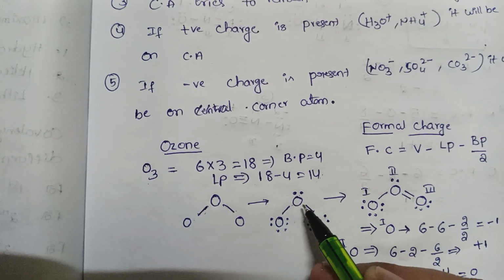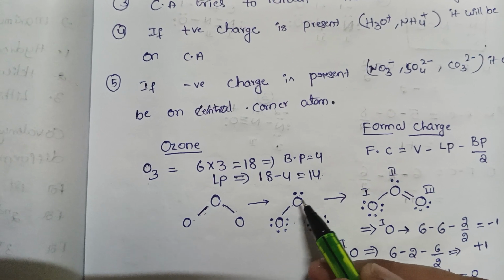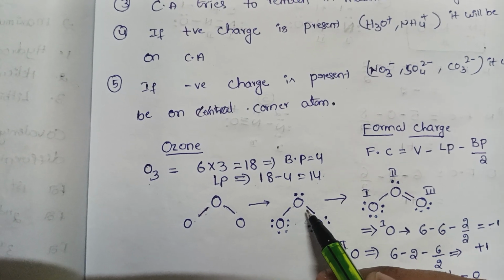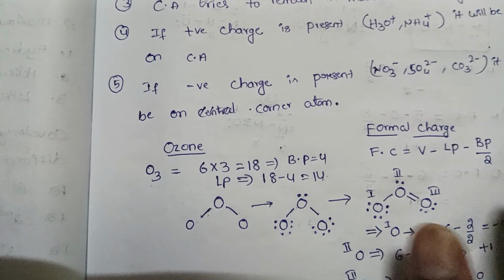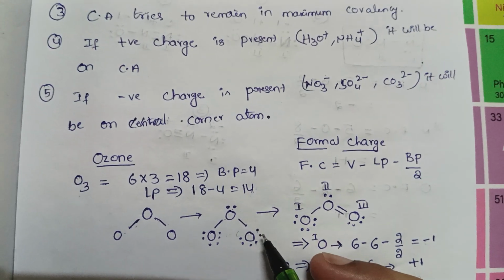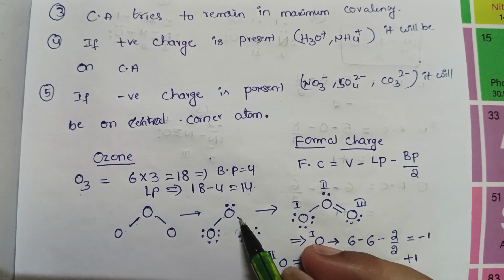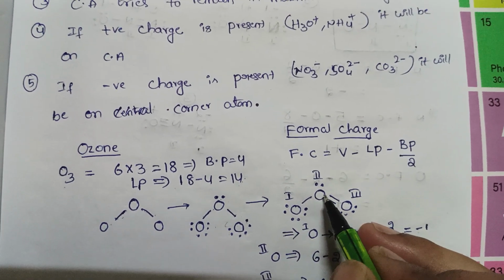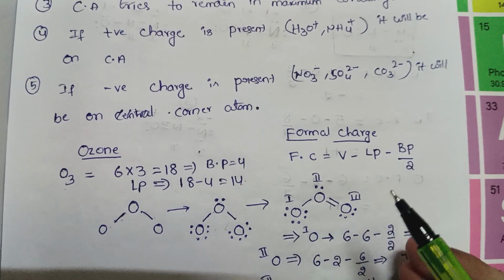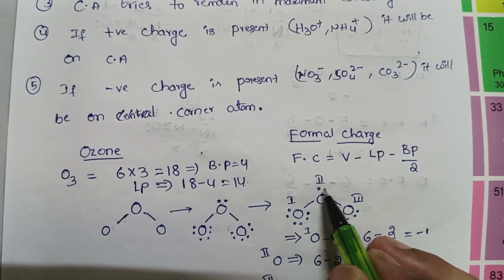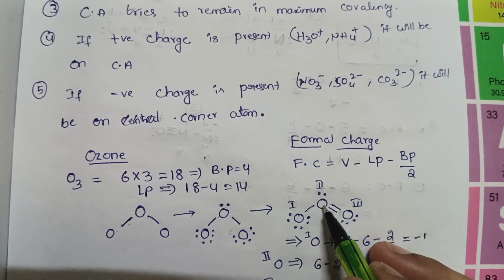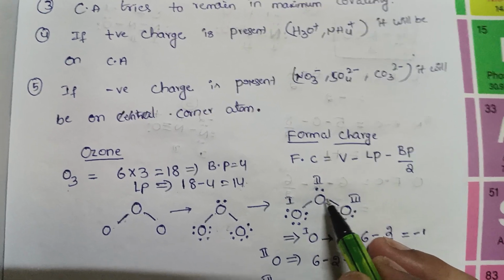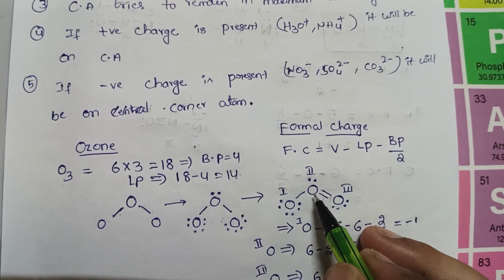See, 6 electrons are present, which means it is 2 electrons short of the octet. It still wants 2 electrons to complete the octet. If 2 electrons are used as a bond, this oxygen also satisfies the octet rule. Now if you count electrons, 1, 2, 3, 4, 5, 6, 7, 8, the middle atom also satisfies the octet rule.